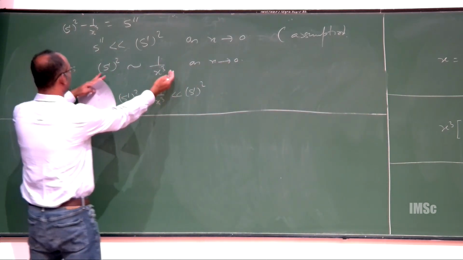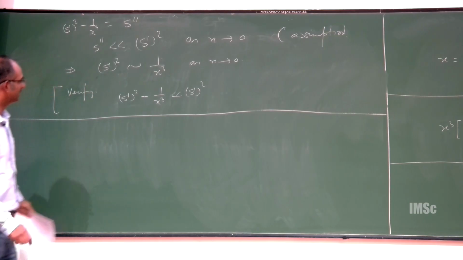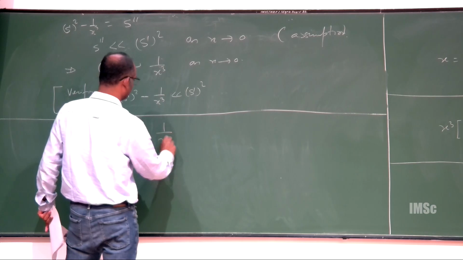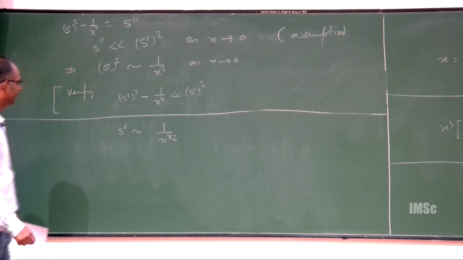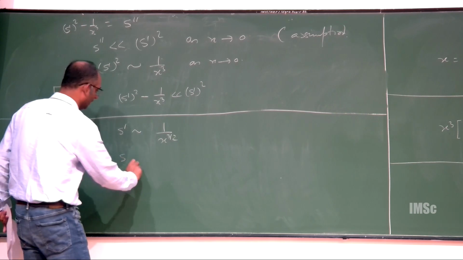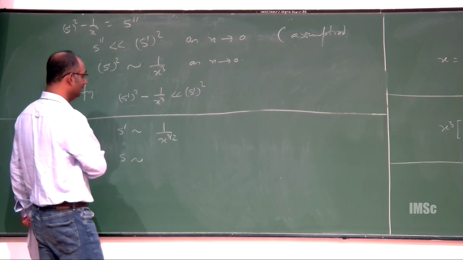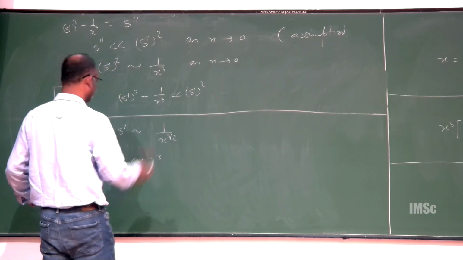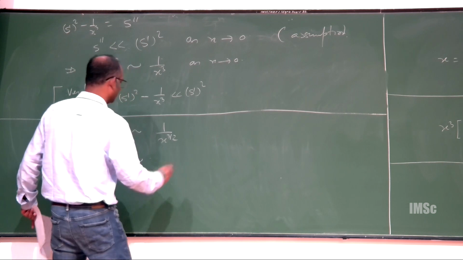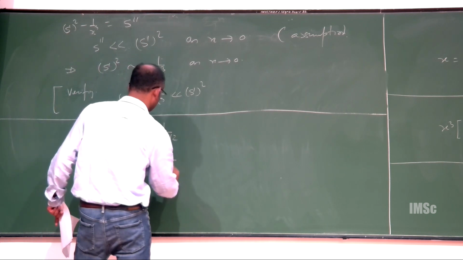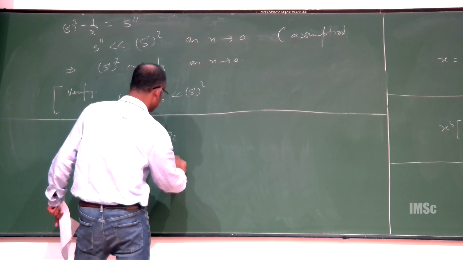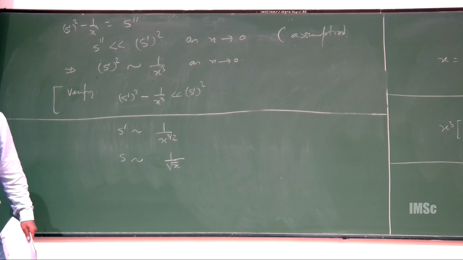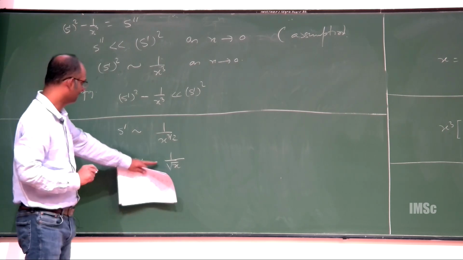So now I have this equation. s prime square is asymptotic to 1 over x cube, which means s prime is asymptotic to x to the minus 3/2. I do an integral and say s is asymptotic to, sorry, I am doing the integral. And the question will be what should I write here?